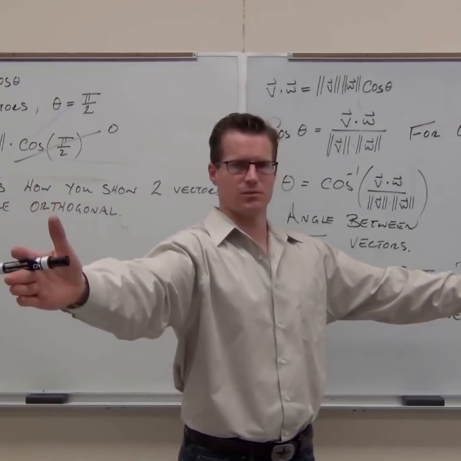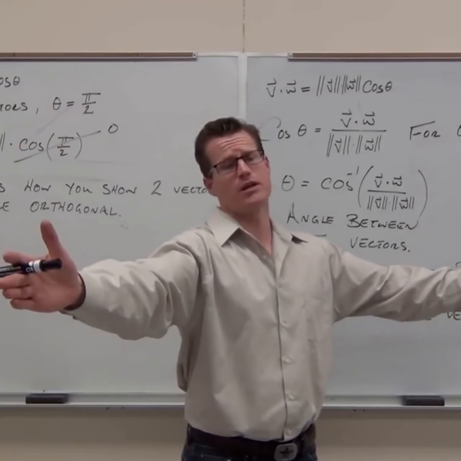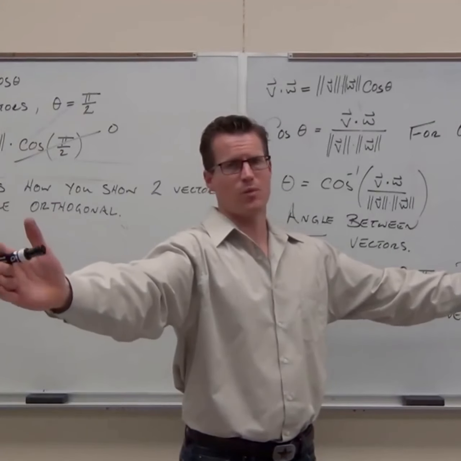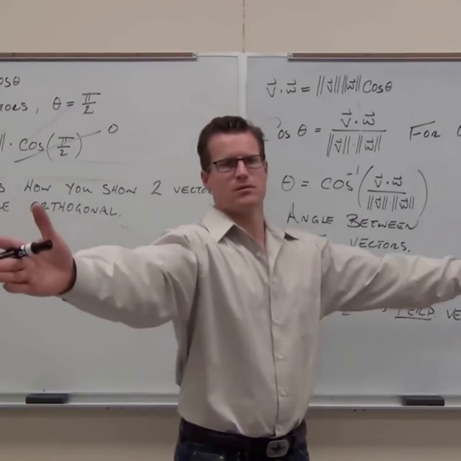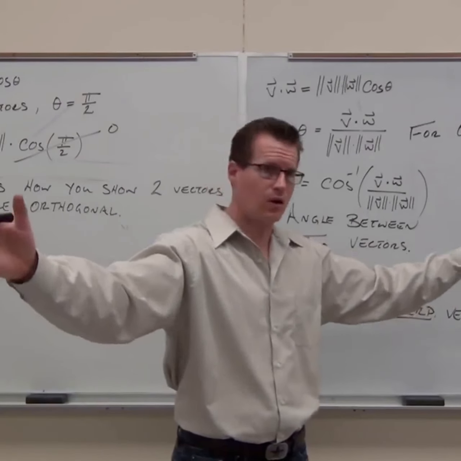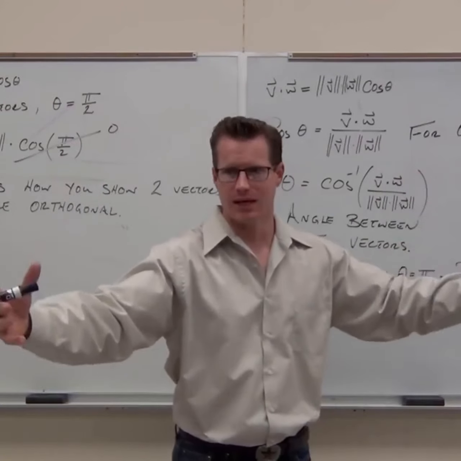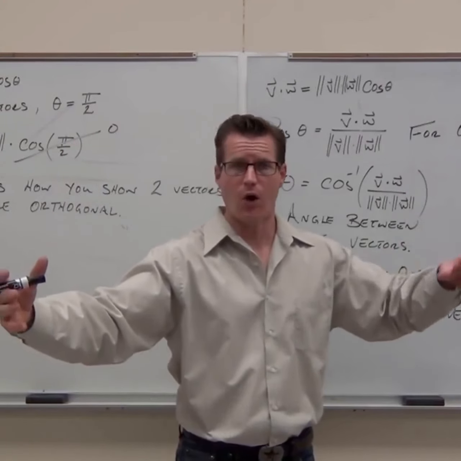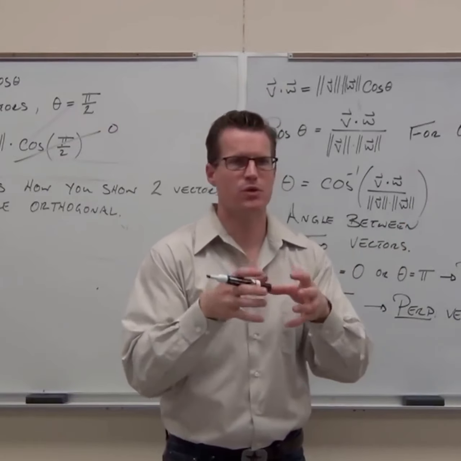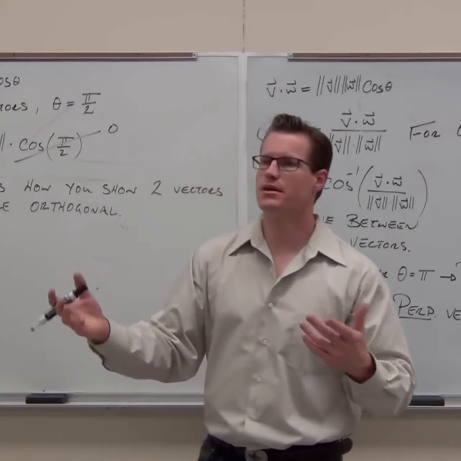What's the I going along? What's the J going along? Tell me something about Y and X and Z. All orthogonal, all perpendicular. Tell me something about I and J and K. They're mutually orthogonal. I and J and K are mutually orthogonal, which means this.